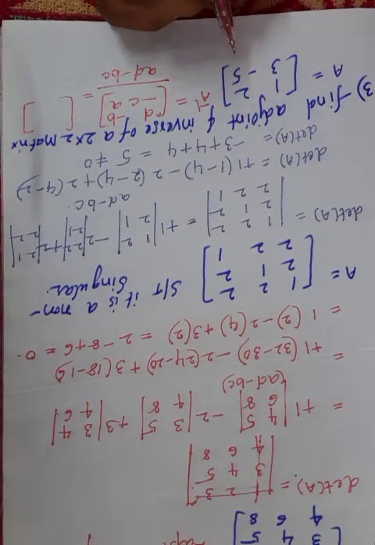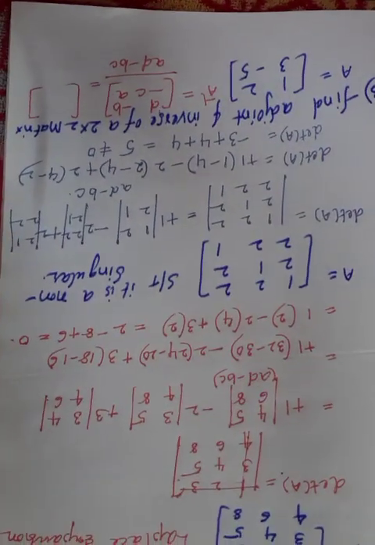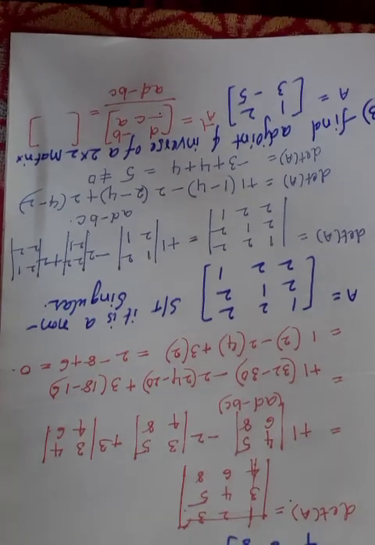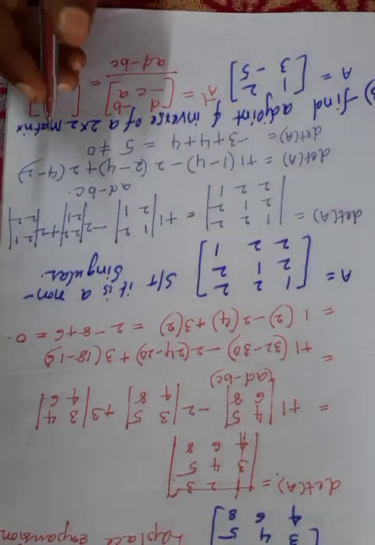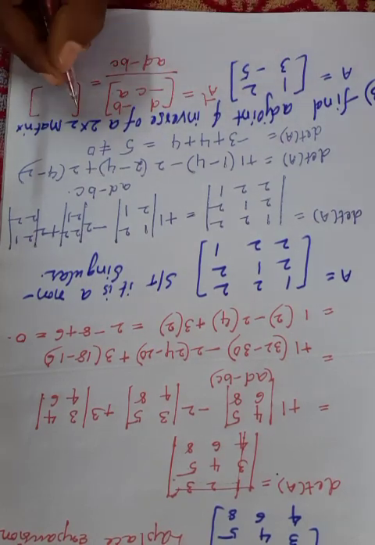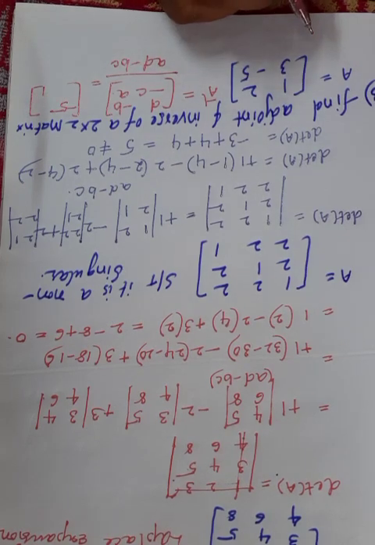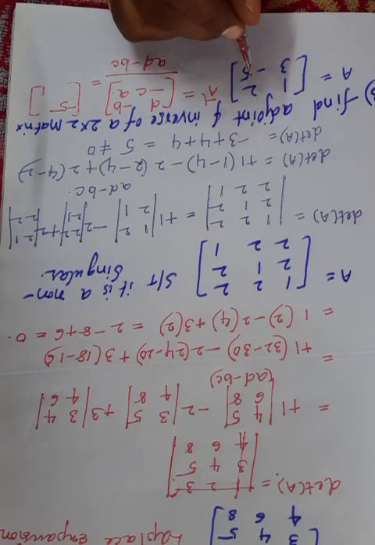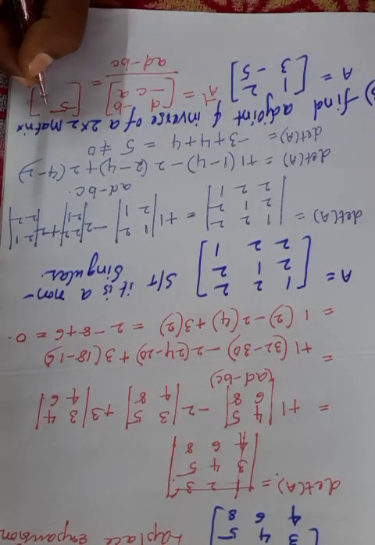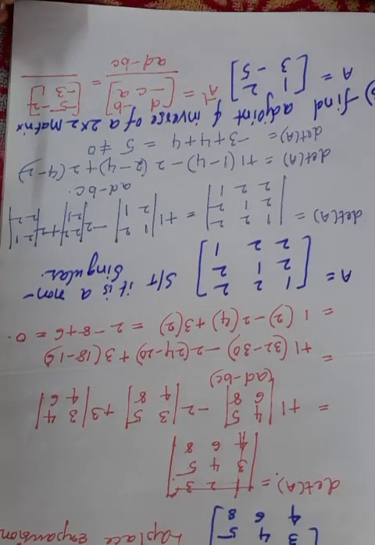A and D should be interchanged. So 1 and minus 5 are interchanged. So minus 5, 1. 2 and 3: the signs of these B and C values should be changed, so here we should write minus 2, minus 3, divided by AD minus BC.